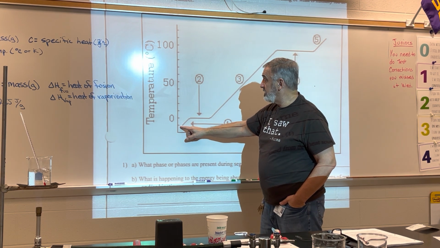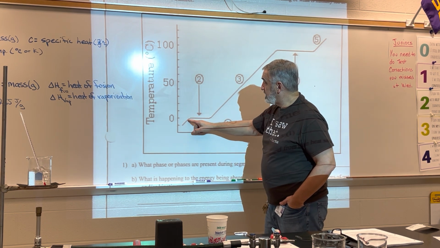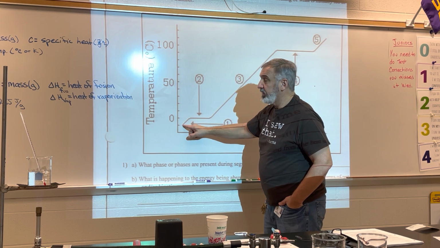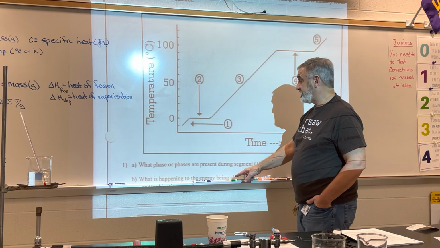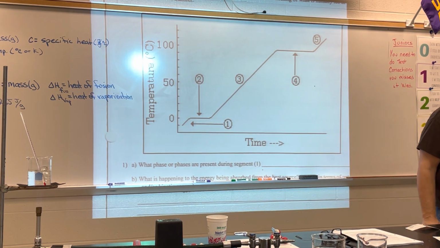As I'm in phase 1, section 1 here, and my temperature's going up, what is happening to the energy being absorbed? What's it doing? The temperature's increasing, and what type of energy? Kinetic, and what's it doing to the molecules? Speed them up.